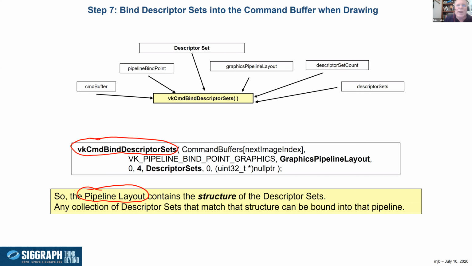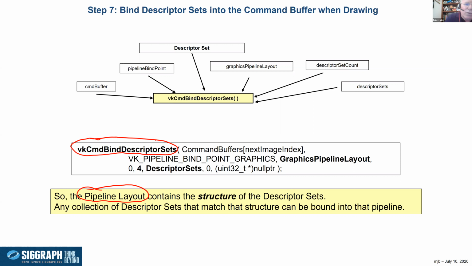So if you have different values for things, like maybe I'm switching between 2 different sets of matrices, I would set up both sets of matrices in buffers. I would create 2 different descriptor sets, and then I would swap between them.